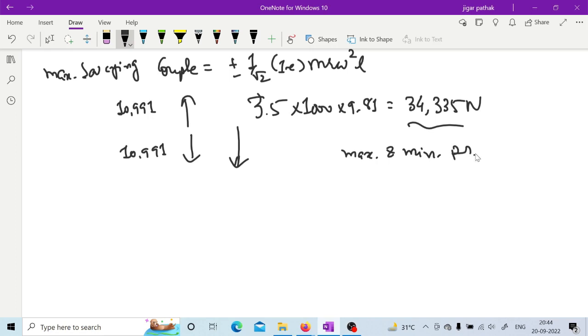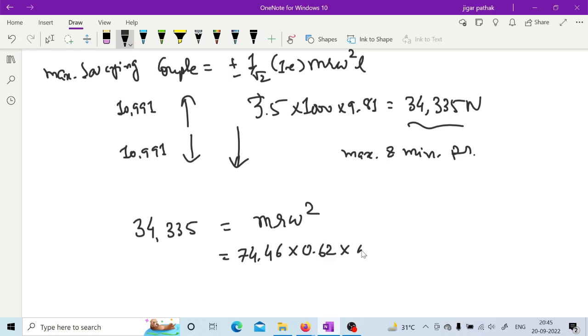One more thing they have asked is at which speed the wheel will start lifting. That will be when exactly the hammer blow is equal to 34,335 Newton, which is equal to the weight of the locomotive. So 34,335 Newton will be equal to m r omega square, where m which we have calculated, normalized, is 74.46, r is 0.62, and you have to calculate omega.